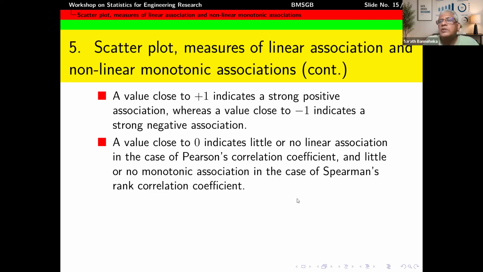But remember what the important thing is: here you are interpreting a sample quantity, the sample correlation coefficient. It's not a population quantity. So that is one important thing to remember.